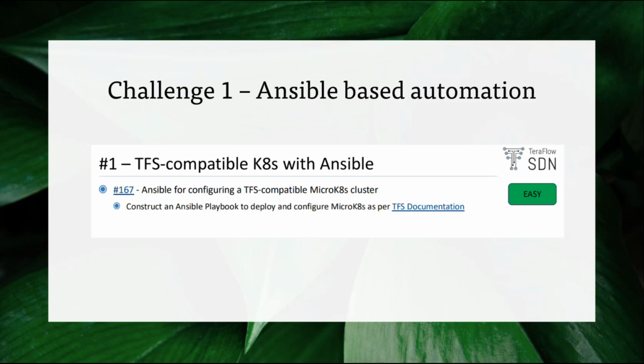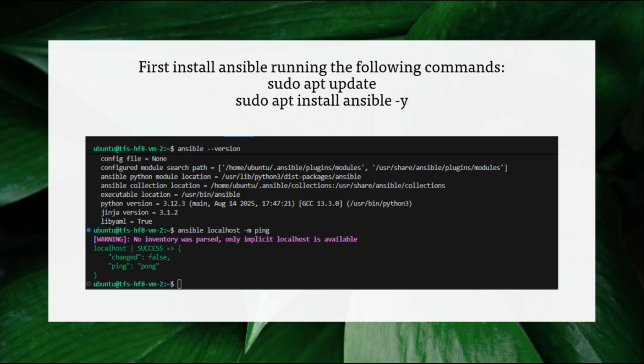But in this Hackfest, we're just using Ansible to install micro Kubernetes on one system, that is just the master node, where Ansible is installed. So in order to do this, first we need to install Ansible on the server. That's very simple.